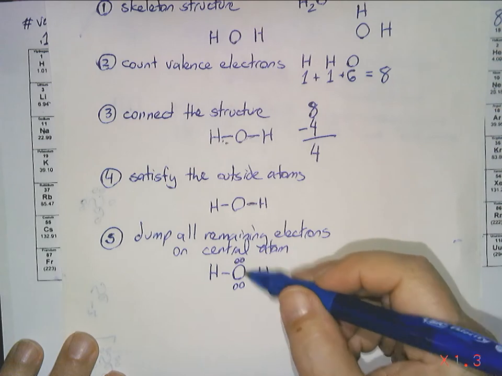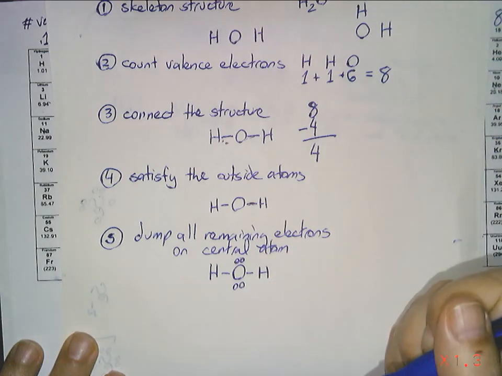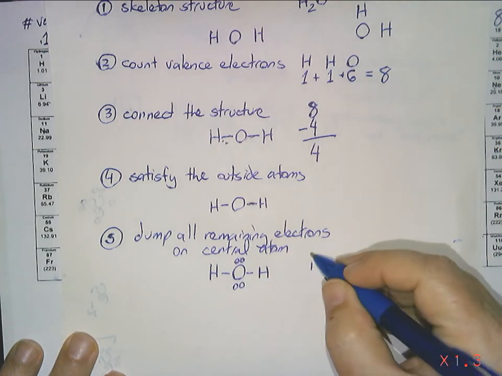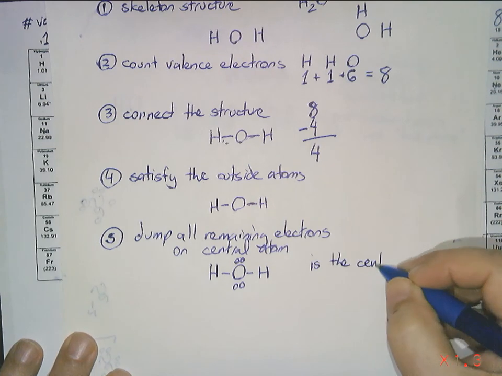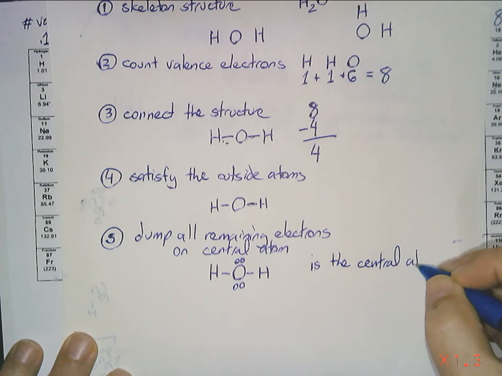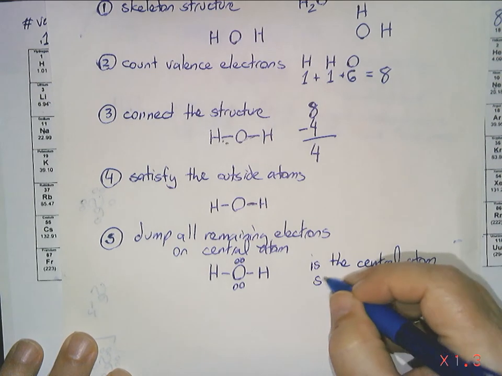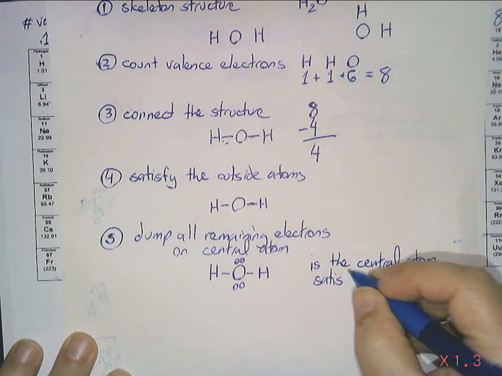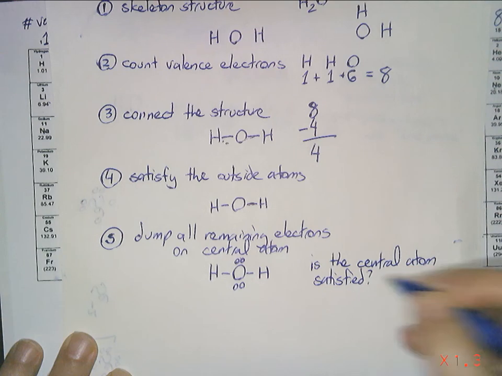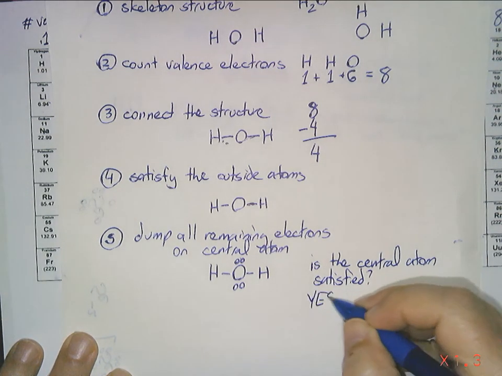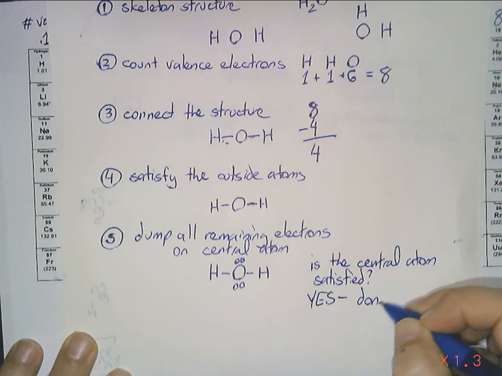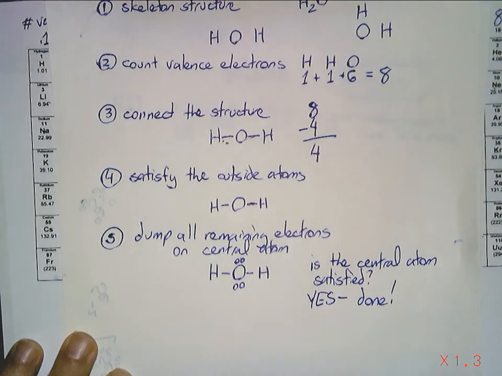So there'll be a pair up there and a pair there. And now I'm going to ask, is the central atom satisfied? If yes, then you're done. That's all you have to do, and that's the Lewis structure for the water molecule.